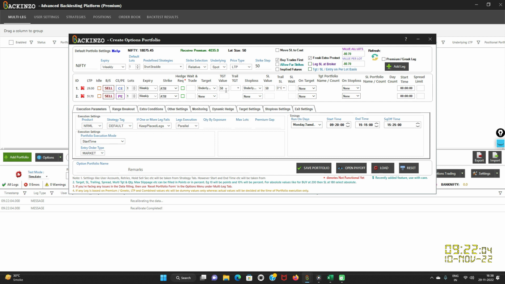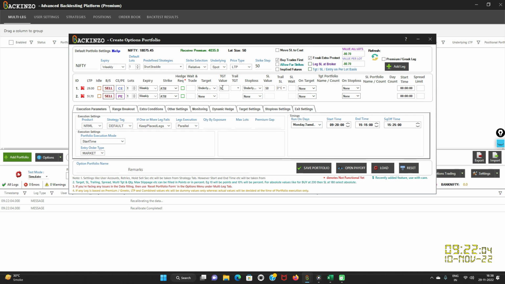You do not need to insert a minus value here. For example, when you are selling a leg and you thought you want the target on the downside, so I should specify -50, there's no need of it. Because as I just said, Backinzo logically determines whether you are long or short by assessing the leg buy and sell. While backtesting on the basis of an underlying, Backinzo knows that you're selling a leg.